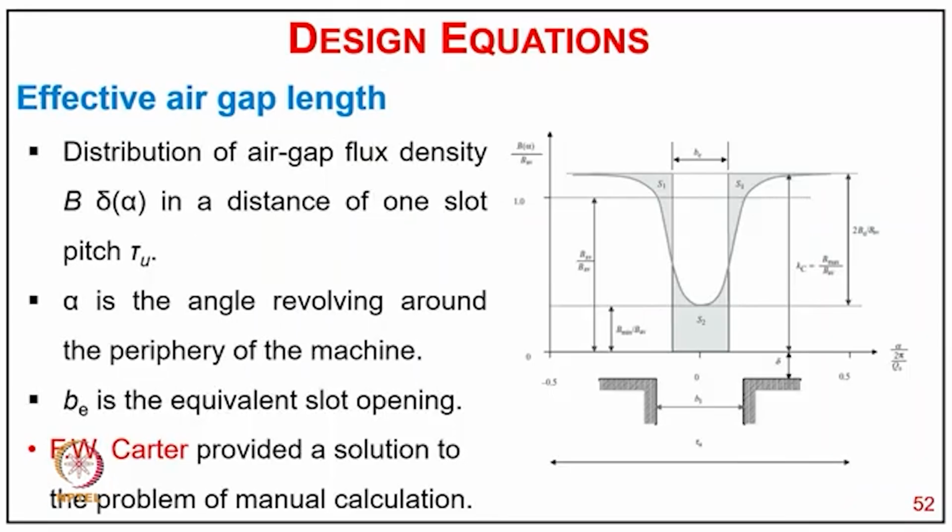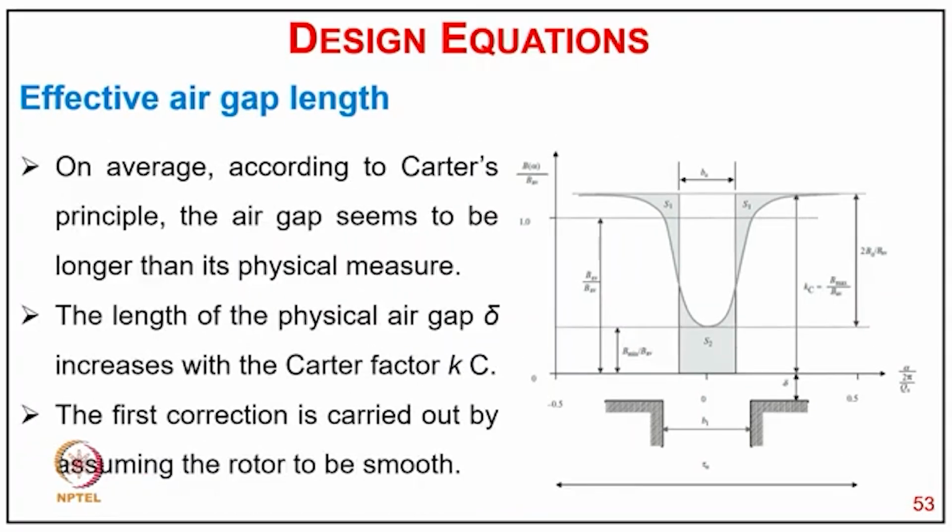Now the distribution of air gap flux density B delta alpha is over a distance of one slot pitch tau, and alpha is the angle revolving around the periphery of the machine as shown on the diagram, and B is the equivalent slot opening. F. W. Carter provided a solution to the problem of manual calculation.